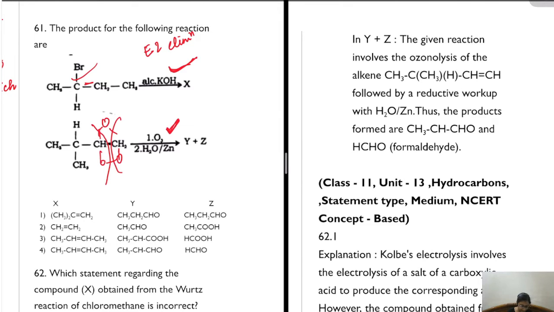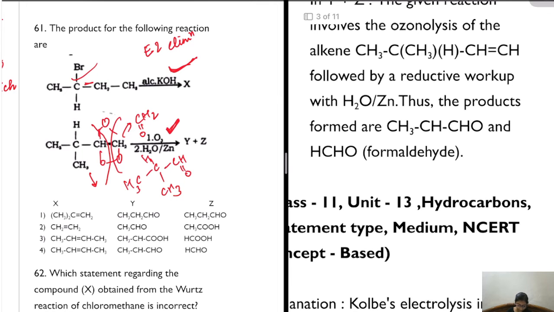We have CH2 with C double bond O from this, and from the other side we have CH3, C, CH3, and H, CH double bond O. These are the products we can have. It would be CH3 here.